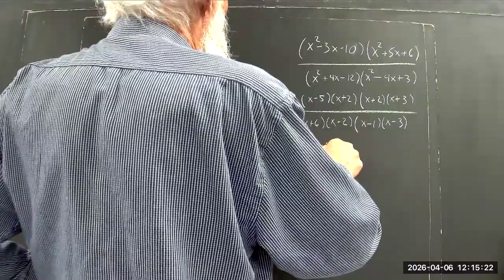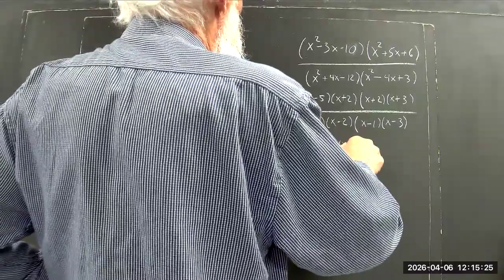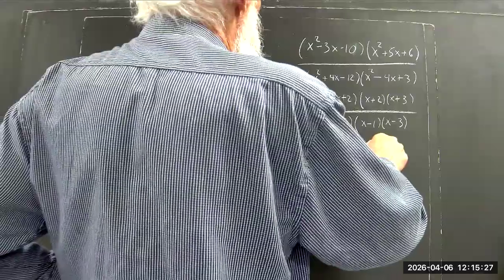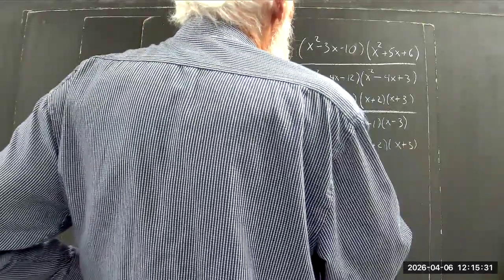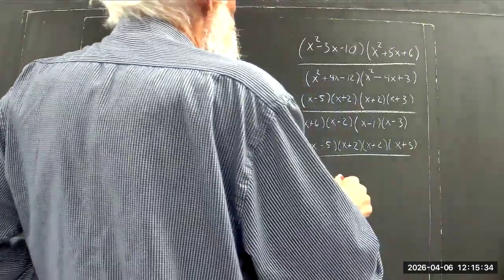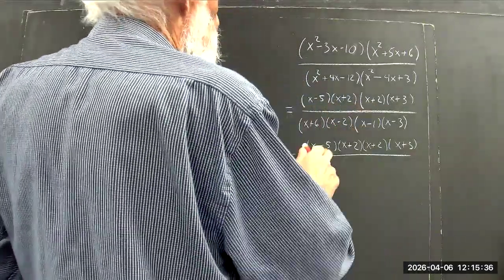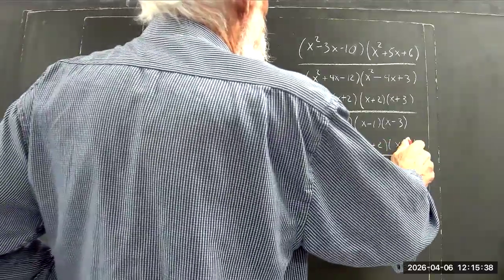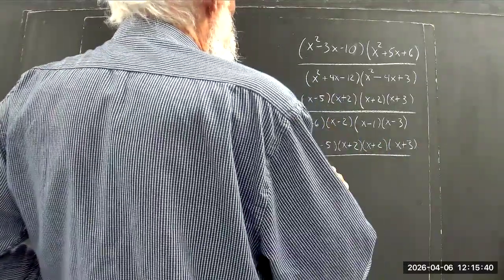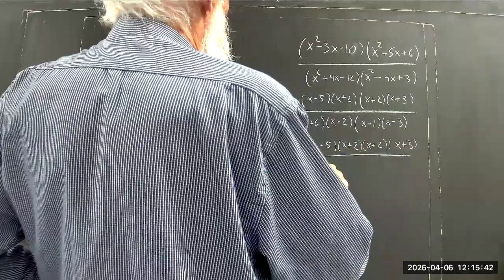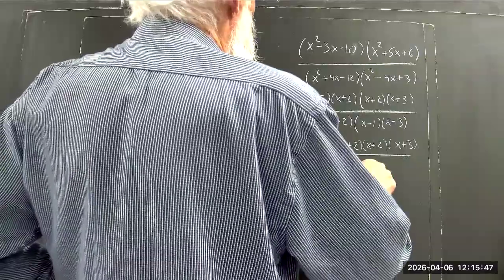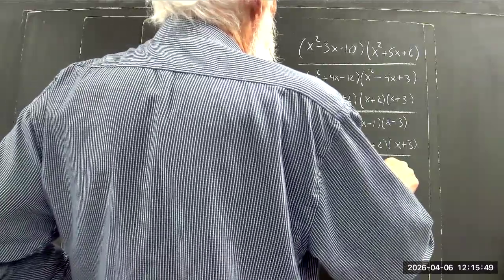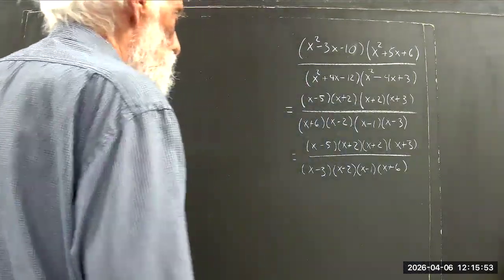In the numerator, doesn't change: negative 5, 2, 2, 3. In the denominator, let's start with the x minus 3, then the x minus 2, then the x minus 1, then the x plus 6.